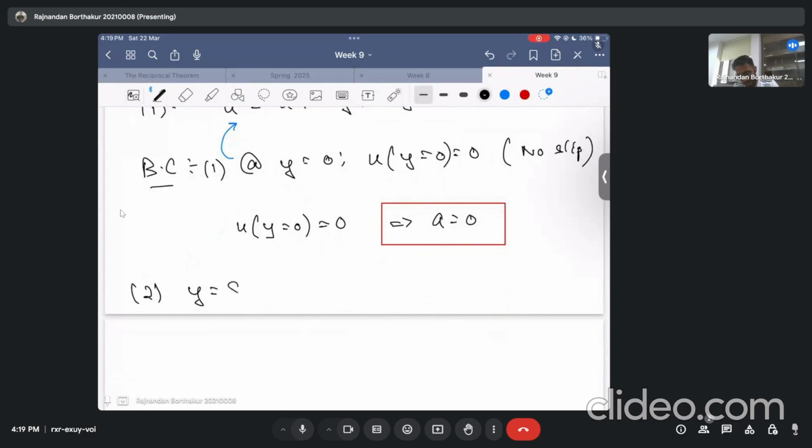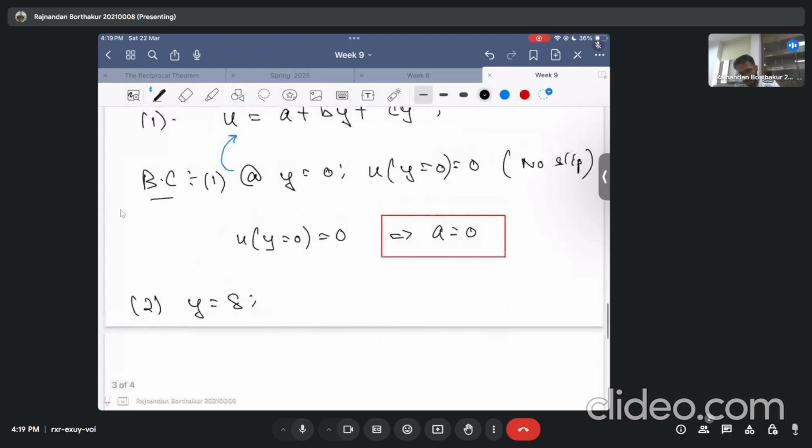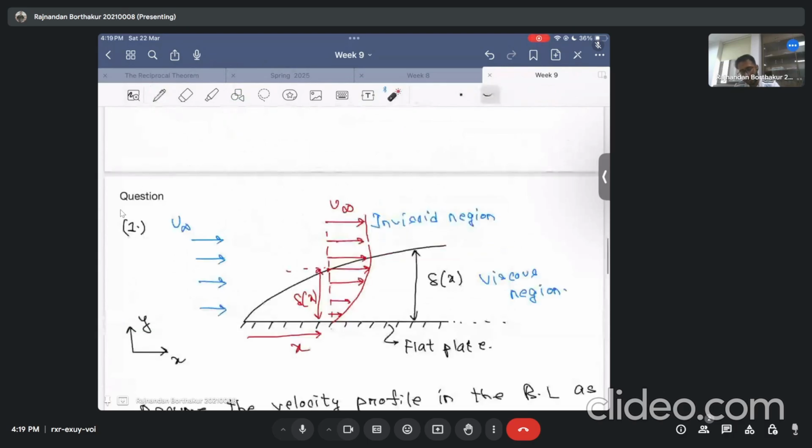All right. The second boundary condition is that at y equal to delta, we have u equals u infinity. And now don't say that this is just 0.99 of u infinity. That 99% we'll just ignore here. In the definition they say it's 99%, but for the sake of mathematics, we will say that the full far field velocity is recovered at y equal to delta.